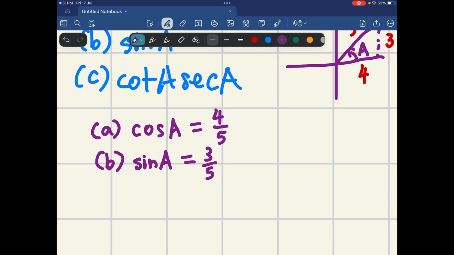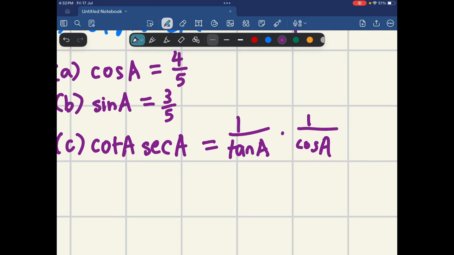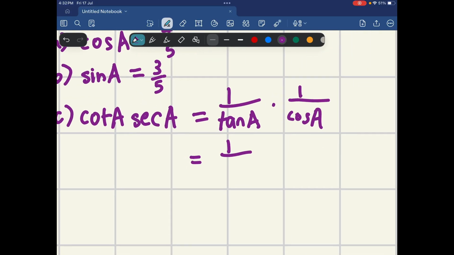And now question C is cotangent A and secant A. So cotangent A is 1/tangent A, and secant A will be 1/cosine A. Since we already know these values, we can plug them in. Tangent A, as given from the question, is 3/4.